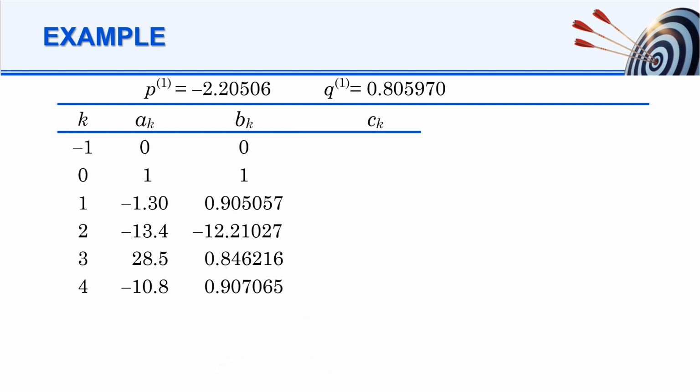Next, we evaluate the array C. The starting values are 0 and 1. The c1 is obtained as follows.